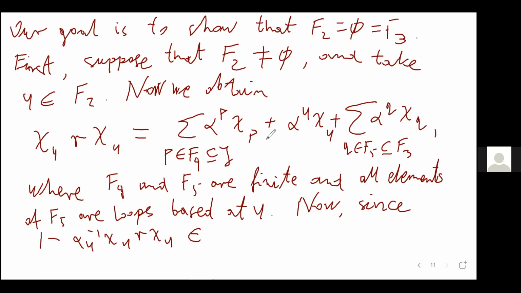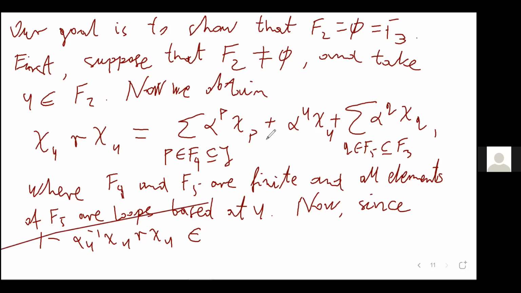These elements in the first sum are in the arrow ideal. The elements in the third sum are in the arrow ideal. Remember, vertices are removed. So F3 is the subset of paths where you remove J and remove vertices. Okay, so these sums at the left and at the right are in the arrow ideal.